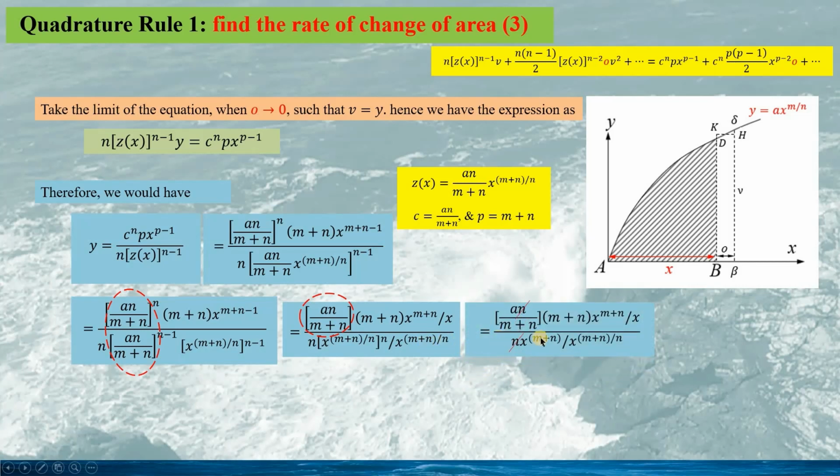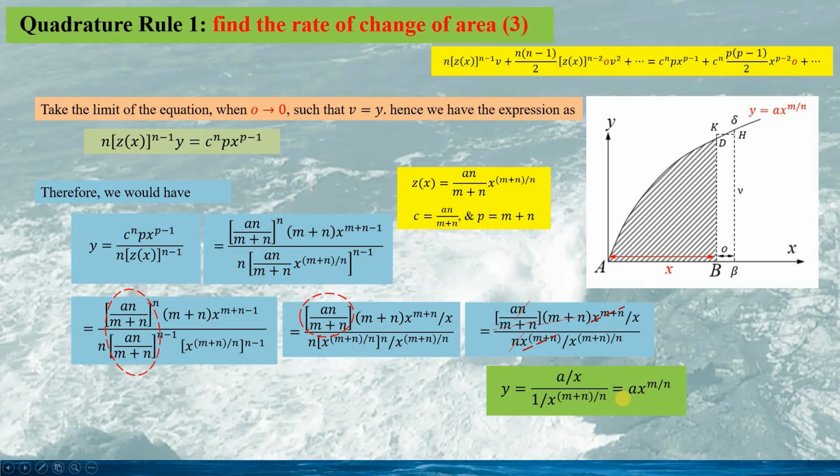Now we can cancel all the same values in the numerator and the denominator. So here n would be cancelled out, and the m plus n would be cancelled out, and this term would be cancelled out. Therefore, we have the expression for y given as this: a divided by x, and the denominator would be 1 divided by x to the power of m plus n divided by n.